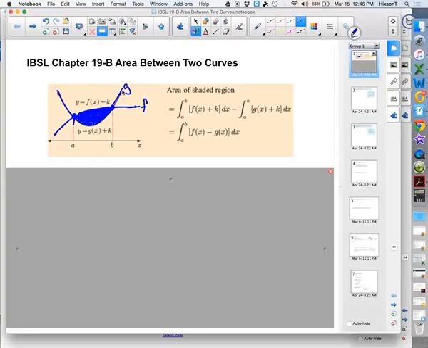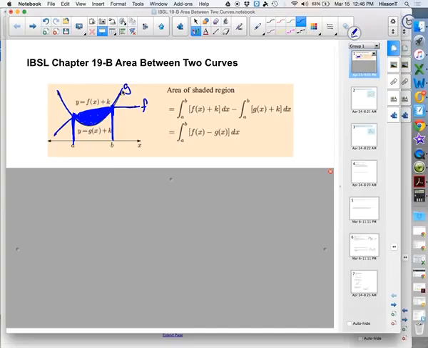Everything under F? If we want the area of this shaded region, look at the integral that we're going to use. We're going to do the integral from a to b of f of x minus the integral from a to b of g of x.